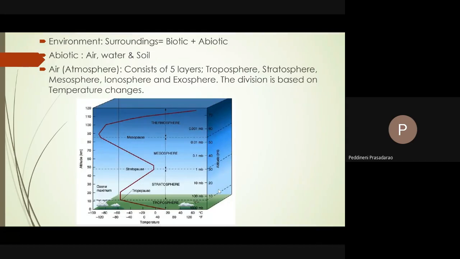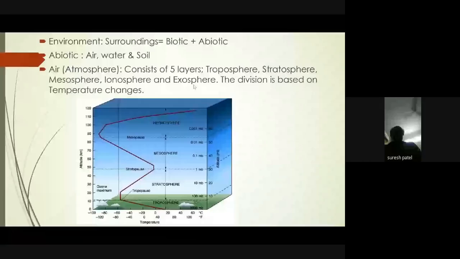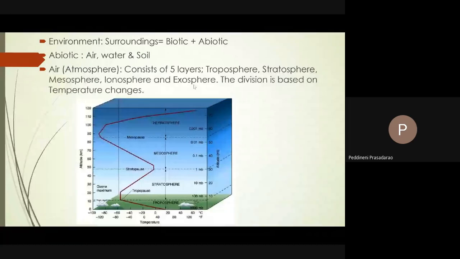When we look at the atmosphere or air, it consists of 5 layers: troposphere, stratosphere, mesosphere, ionosphere, and exosphere. These 5 layers are divided on the basis of temperature.